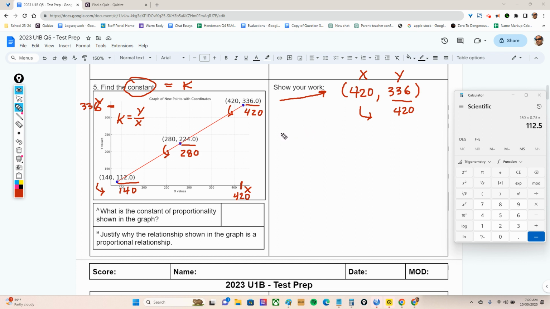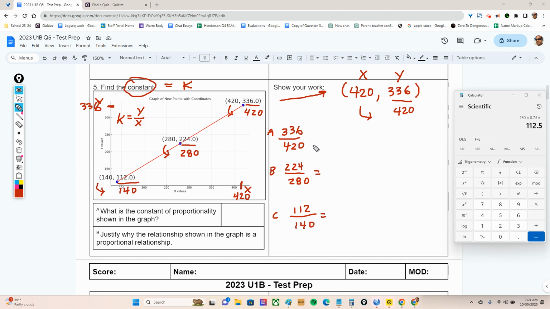So we got 336 divided by 420. Okay, let's call that A. Then we got B. We got 224 divided by 280. Okay, and then we got C. 112 divided by 140.